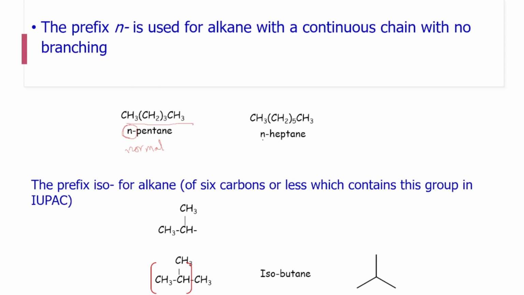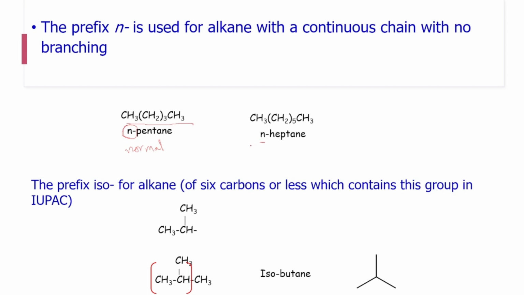Similarly, if I have heptane, heptane means 7 carbons. If the 7 carbons are in a straight chain, no branches at all, I add the prefix n, and this means that this is a straight chain heptane.